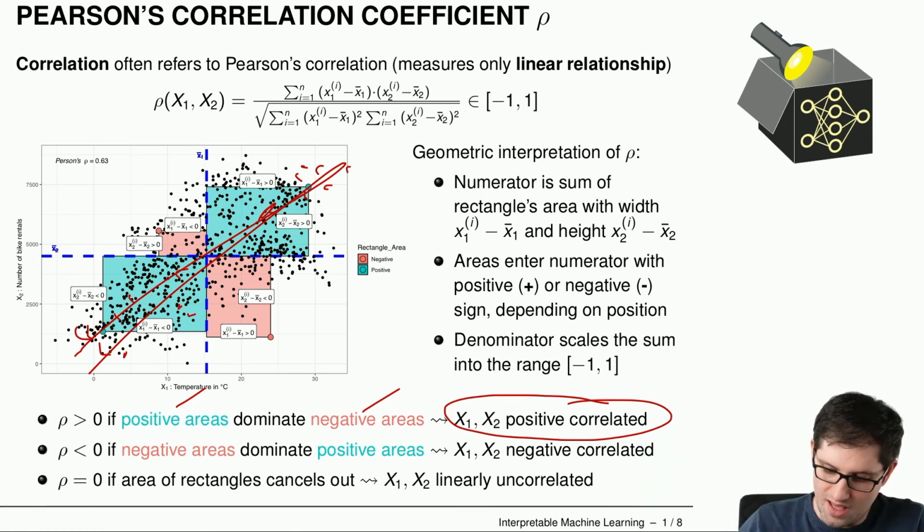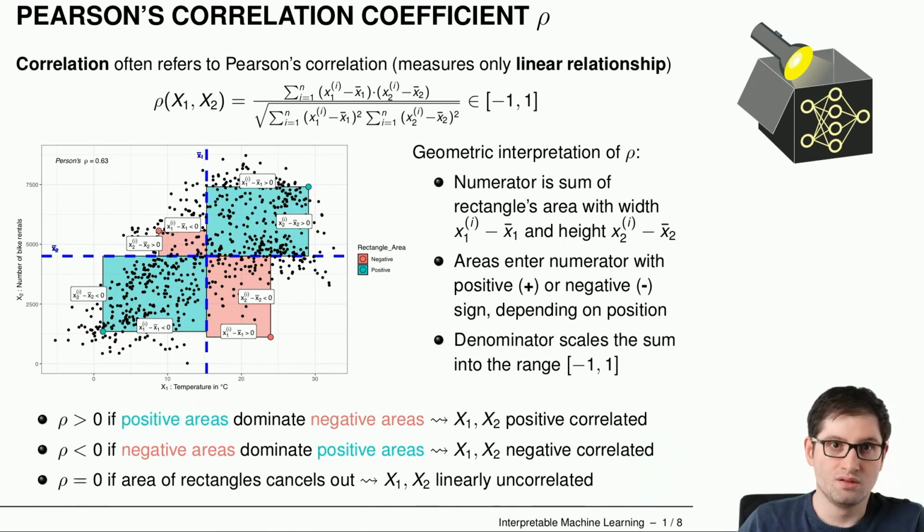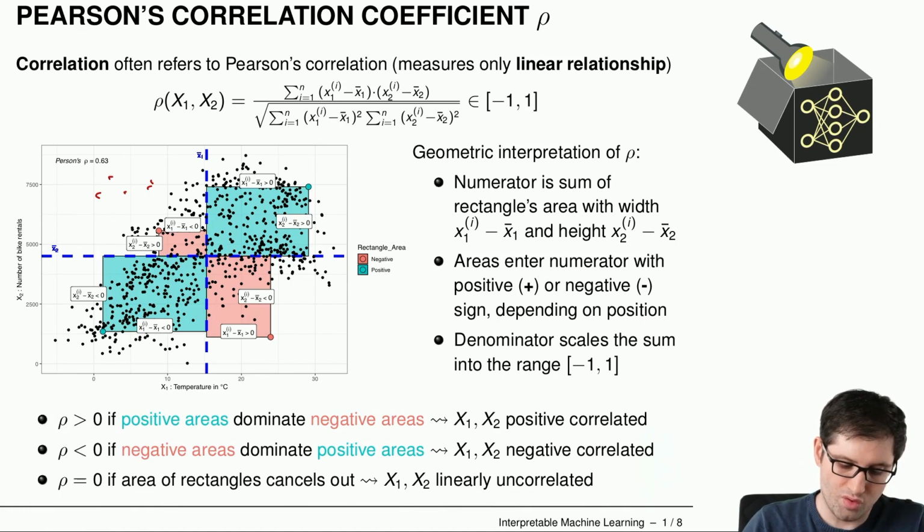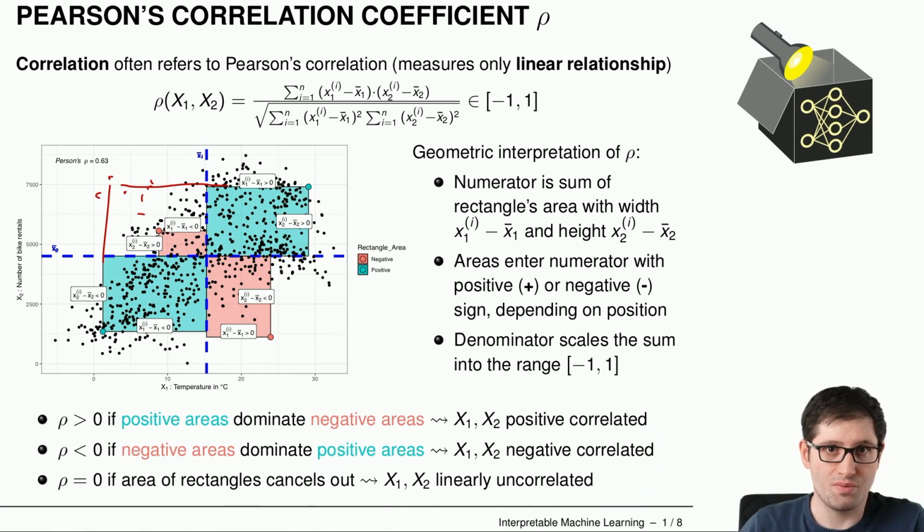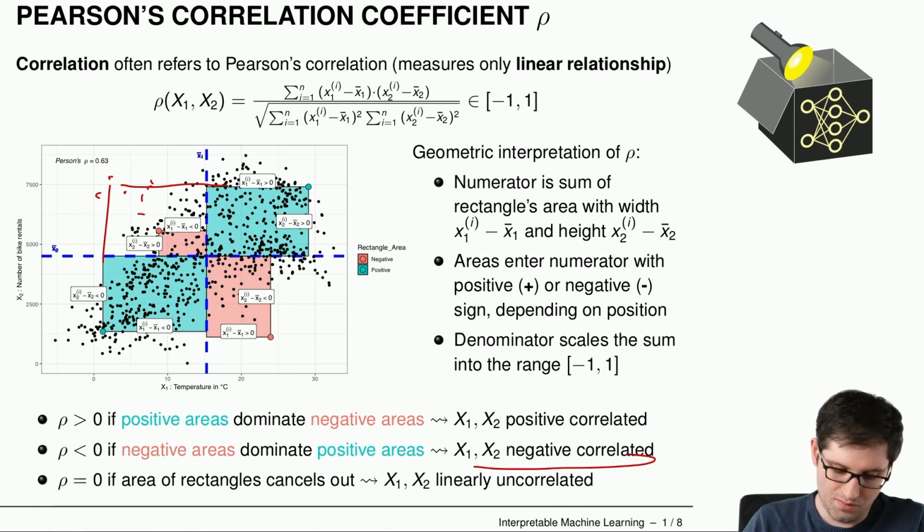While if the negative areas dominate the positive areas, we would have many more points here, and summing them up will dominate the sum of the positive areas, which will lead to negative correlation. Of course, if both areas, positive and negative, cancel each other out, we will have a correlation value of 0, meaning that these two random variables are not linearly correlated.